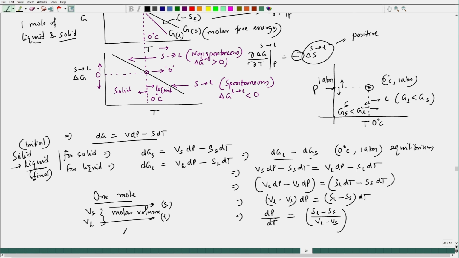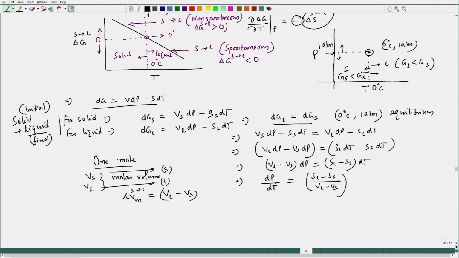So, that means delta V m solid to liquid should be equal to V L minus V S. Applying similar logic, I can write S L minus S S should be equal to delta S solid to liquid. Okay. So, this gives me delta S solid to liquid, delta V m solid to liquid, and V m indicates molar volume, 1 mole of substance.